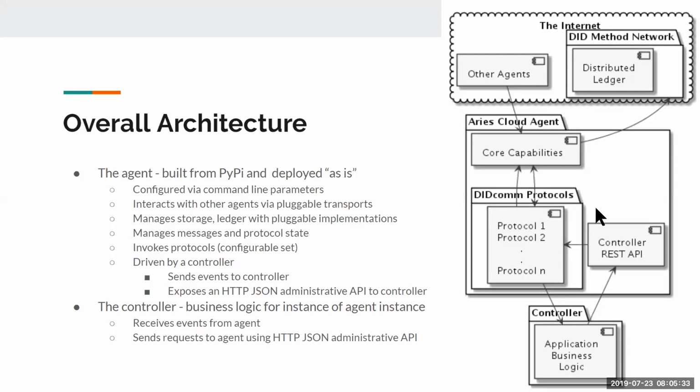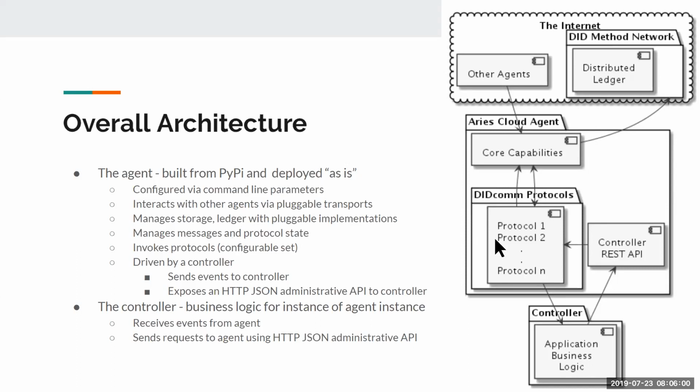It manages storage, manages ledger interactions as well with pluggable implementations. It has a series of protocols embedded in it. The protocols can be externally configured, so you can have an agent that you pull in from ACA-Py, but as you deploy it, you bring in other protocols.